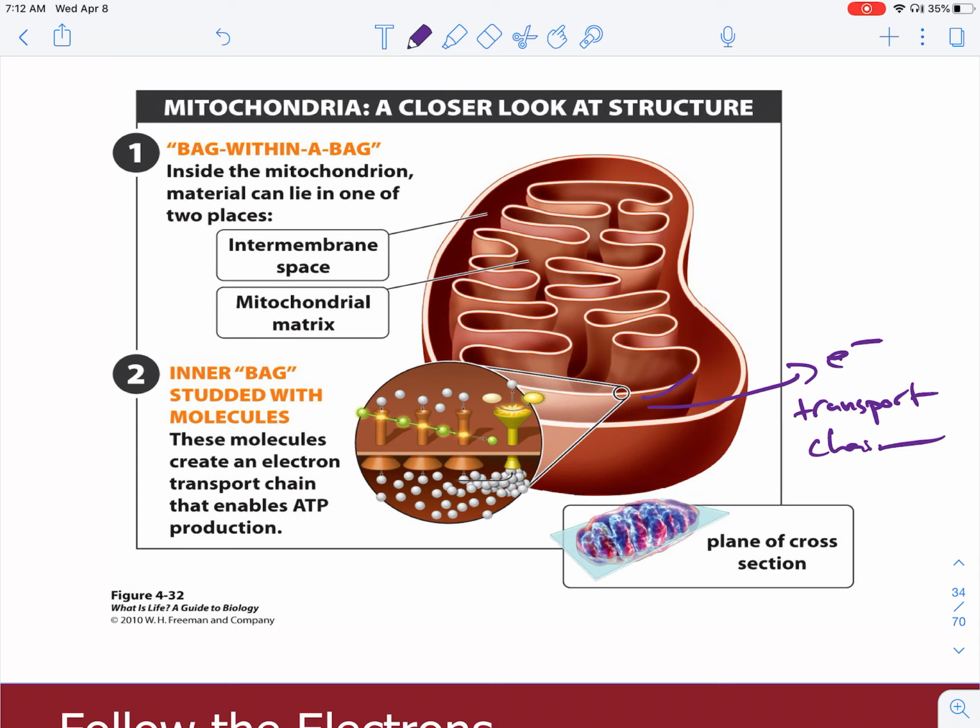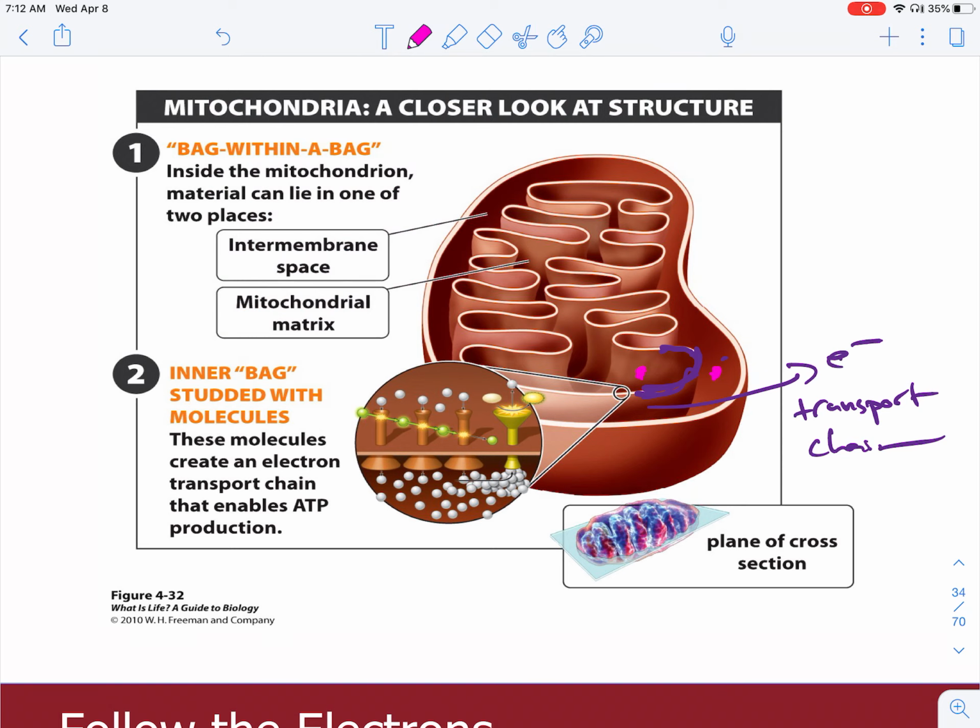Because this is semi-permeable, it blocks the flow of protons and other ions or charged molecules between the matrix and the intermembrane space of the mitochondria.